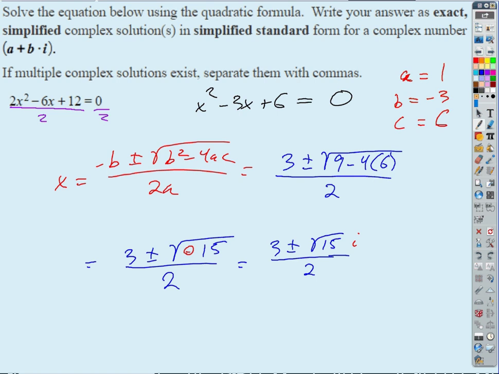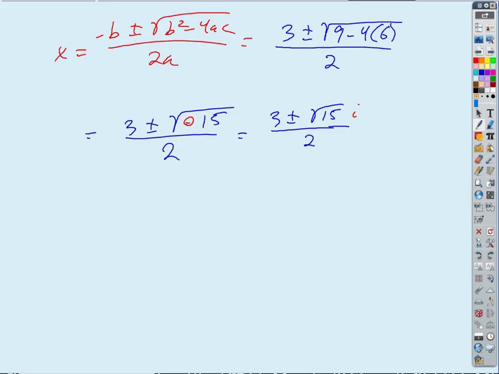Since I've got a common denominator, I split it and get x equals 3 halves plus or minus the square root of 15 over 2 times i. When I factor 15, I get just 5 and 3, so everything's stuck in the radical. There are my two answers, a plus bi and a minus bi. In Moodle, I would just separate those. Get the idea?